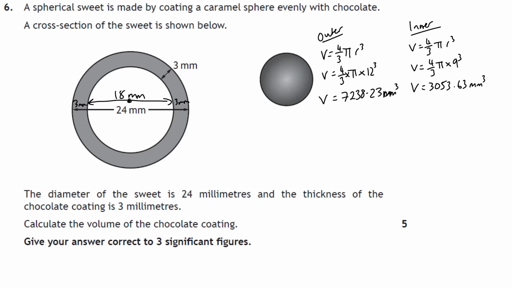So the volume of the chocolate surface altogether is going to be the outer sphere minus the inner sphere that's kind of been cut out. So let's call it chocolate equals 7238.23 minus 3053.63, and we're just doing that subtraction.